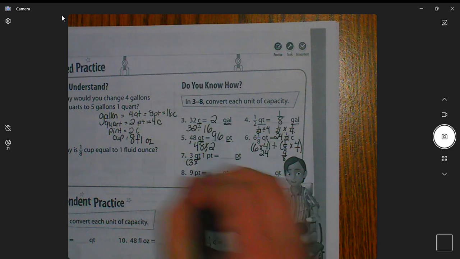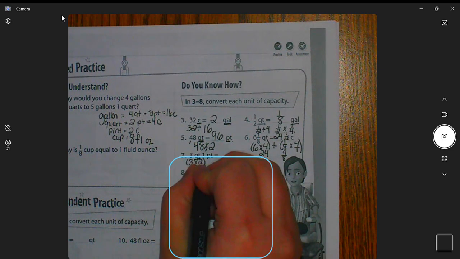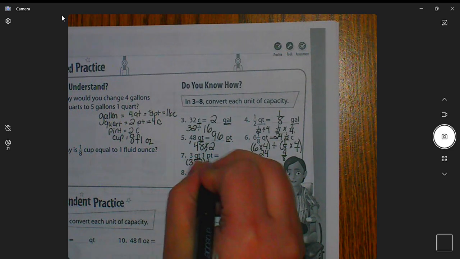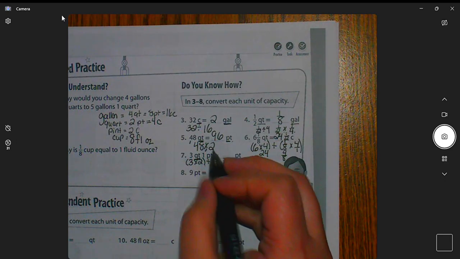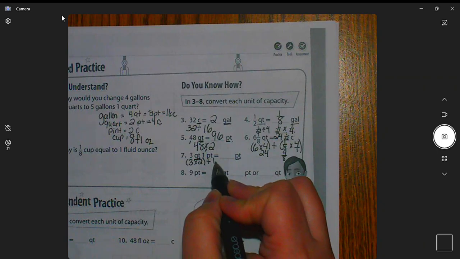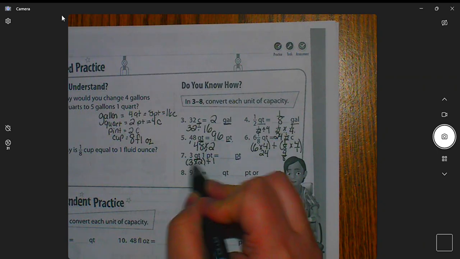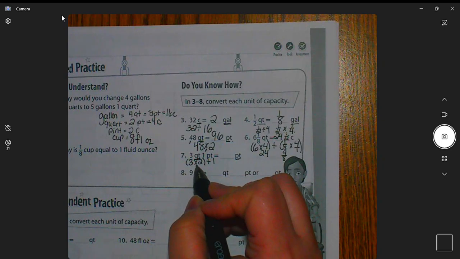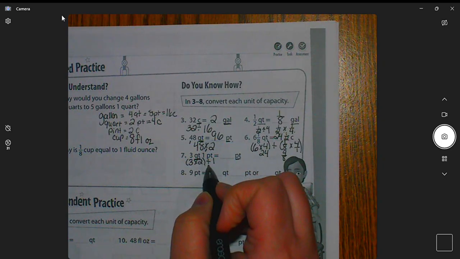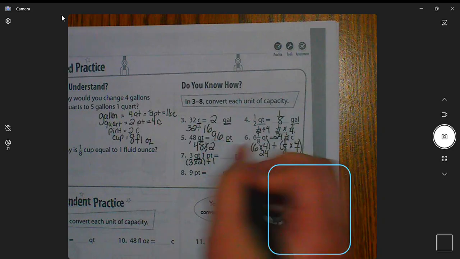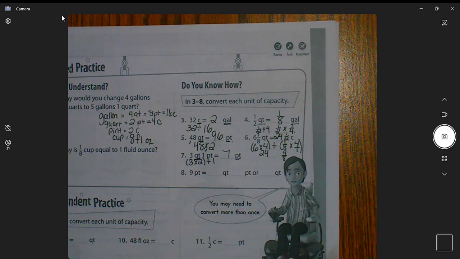So I'm going to say 3 times 2, and that's going to change it into a pint. So then I'm going to add back in this one down here. Because I already have a pint, I just need to change this into a pint. So what is 3 times 2? Yes, it is 6. 6 plus 1? Yes, you are so right. It's 7. So 7 pints equals 3 quarts and 1 pint.